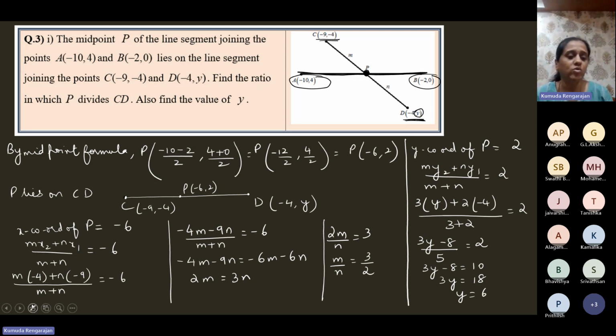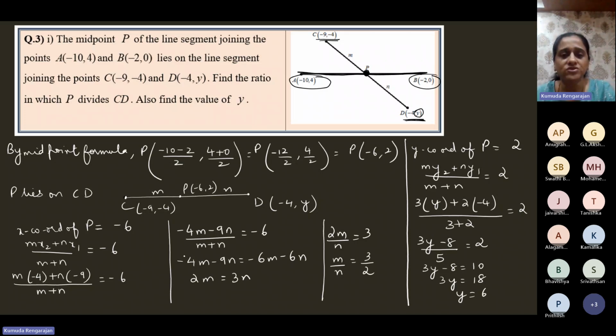So after finding the coordinates of P using the midpoint formula, see this representation here: C, D, and P lies on CD. Ratio we don't know, M is to N. I've told you how to find the ratio. You can find the ratio by using either the x coordinate or the y coordinate of the point of division.